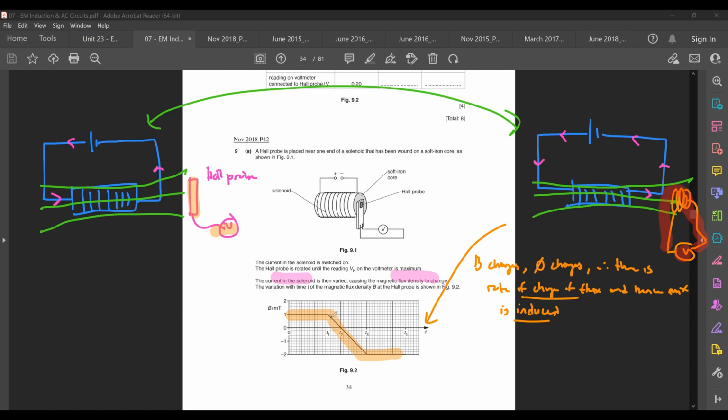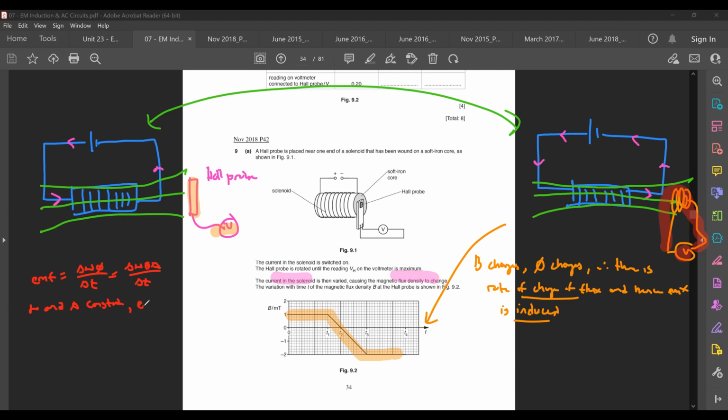So why do I say that I can make use of the gradient to find my EMF? Again, you relate it to EMF equals rate of change of flux linkage, where this becomes delta NBA over delta t. Your N and A are constant.